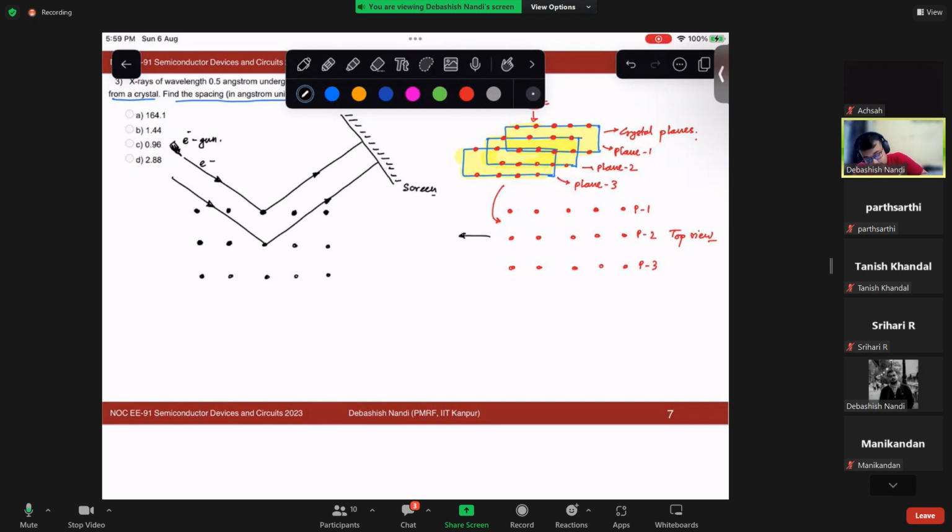Here you will have a certain kind of radiation pattern. This angle is theta. Can anyone tell me what is the incident angle if this is theta?